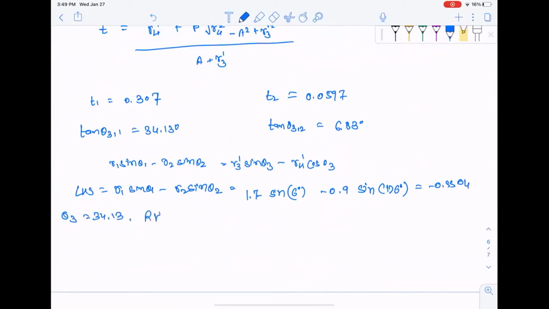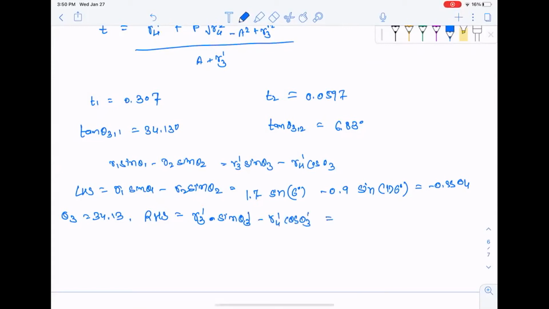Now let's say theta 3 is 34.13. Let us evaluate the RHS in this case, which will be r3 dash minus sine into sine theta 3 dash minus r4 dash cos theta 3.